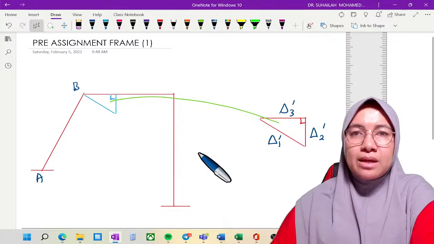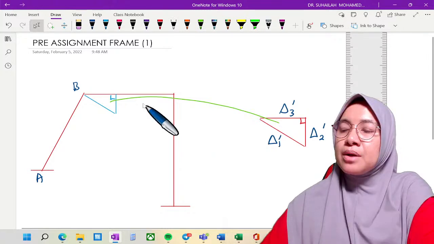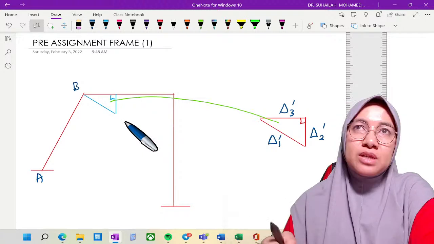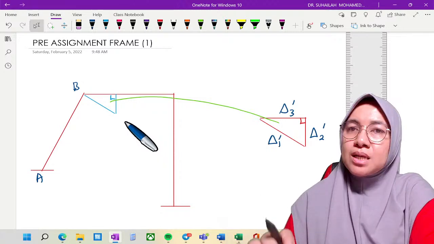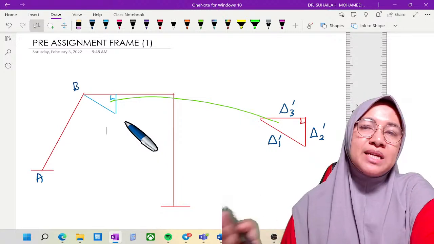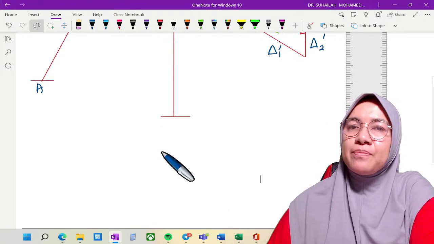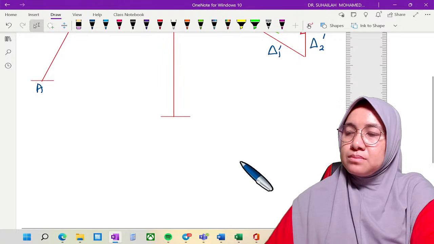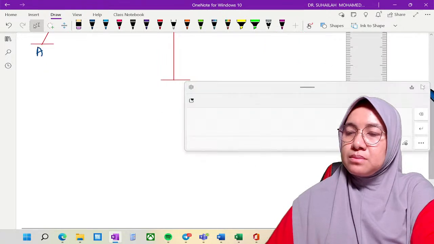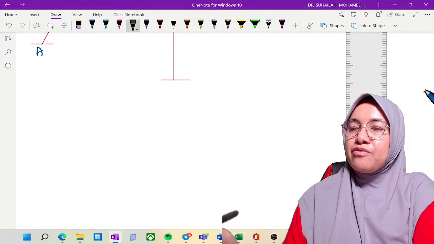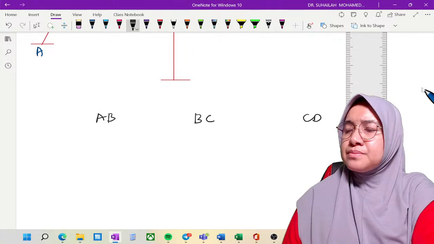Since we know that delta 1 is for member AB, delta 2 is for member BC, and delta 3 is for member CD, we will have AB, BC, and CD.